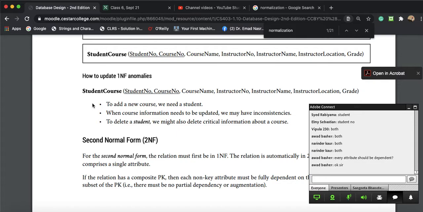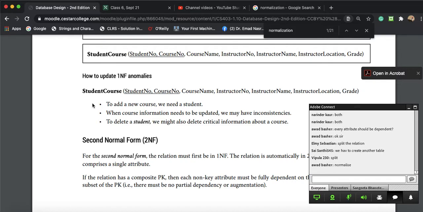So what do we need to do? Split. Exactly. Normalize by splitting. How can we split? We should not split randomly.